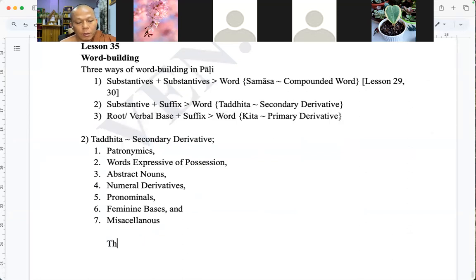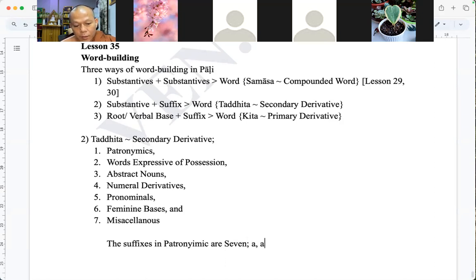So the suffixes in patronymics are seven.